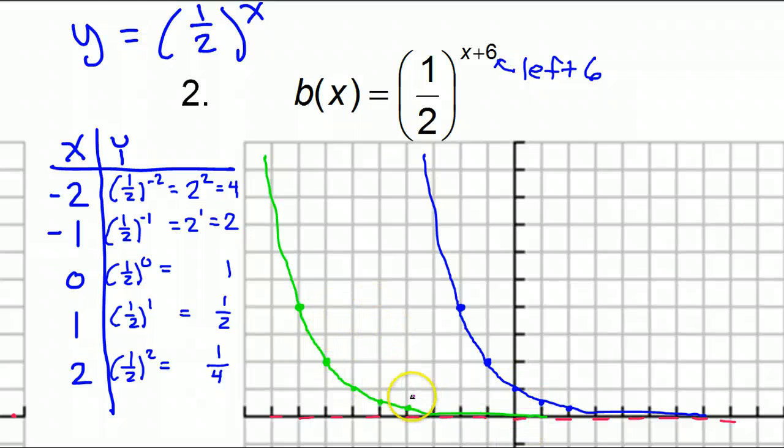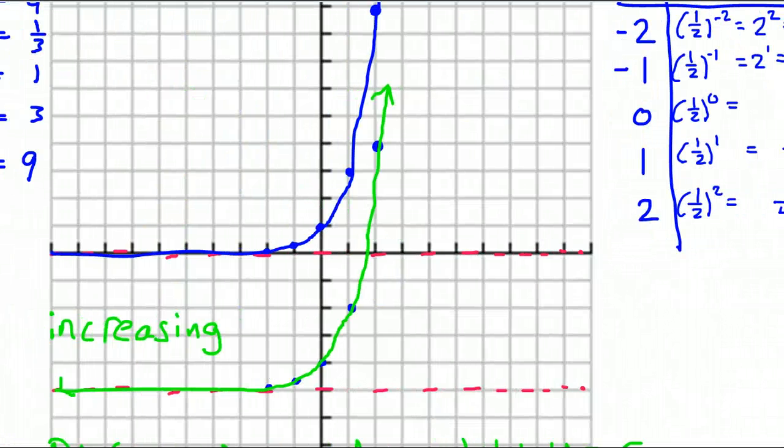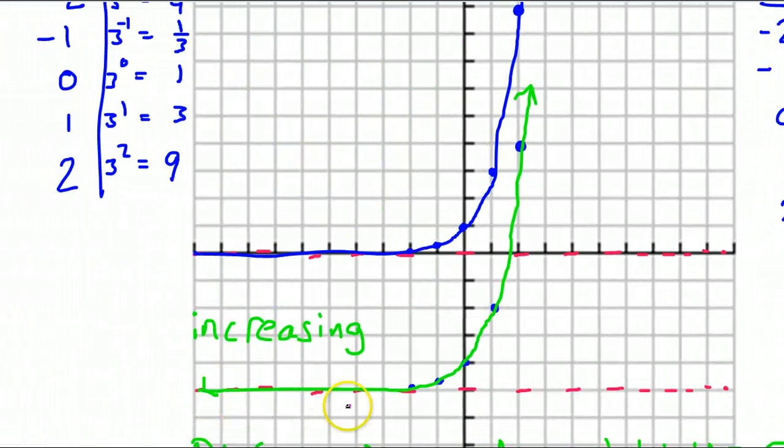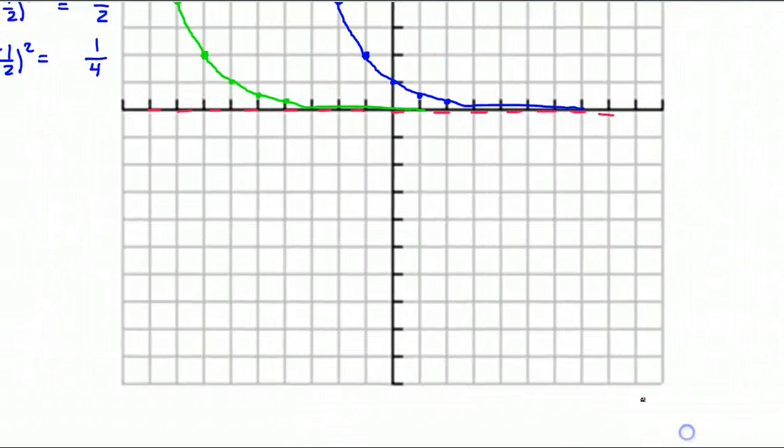So let's give it all the information we're supposed to give it. This is still decreasing. What all do we need here? I forget. We need domain, range, and asymptote.